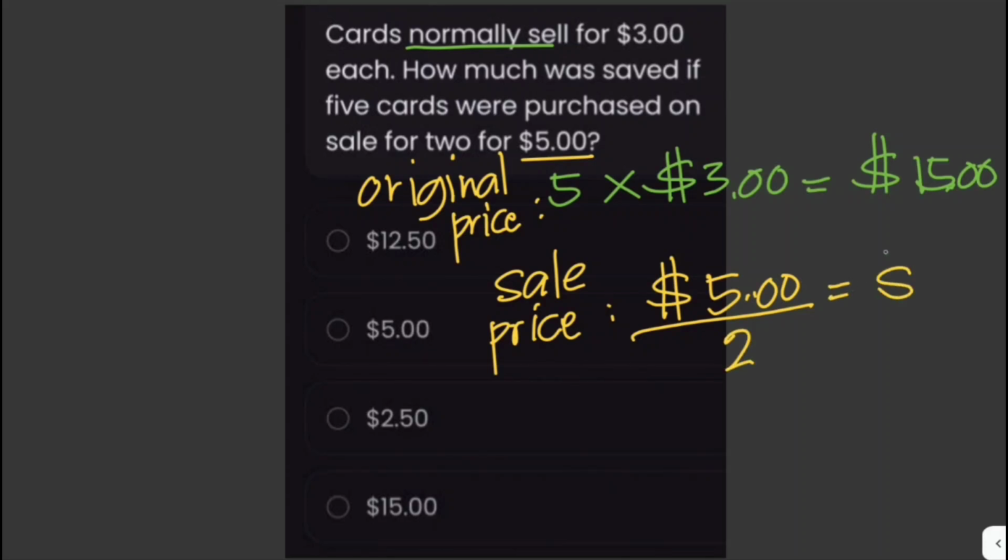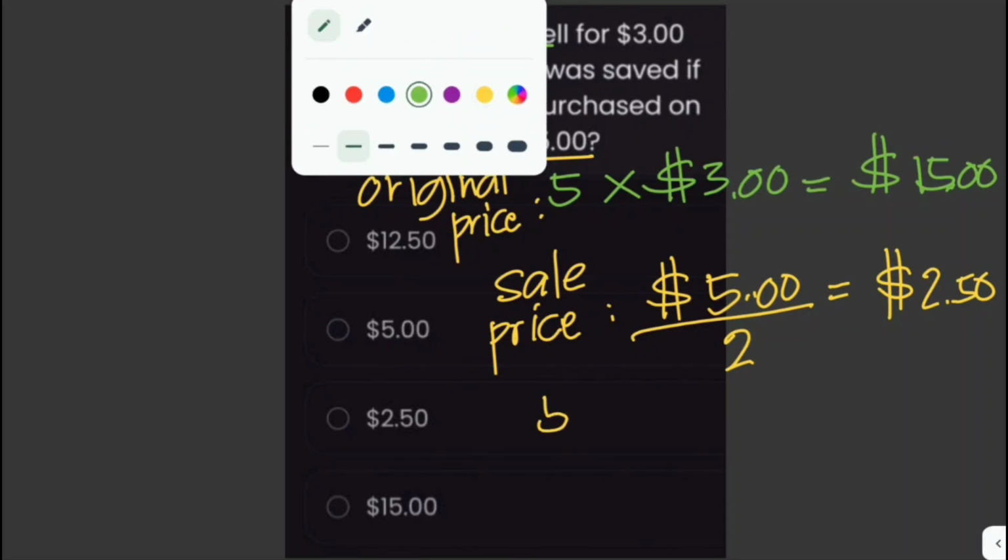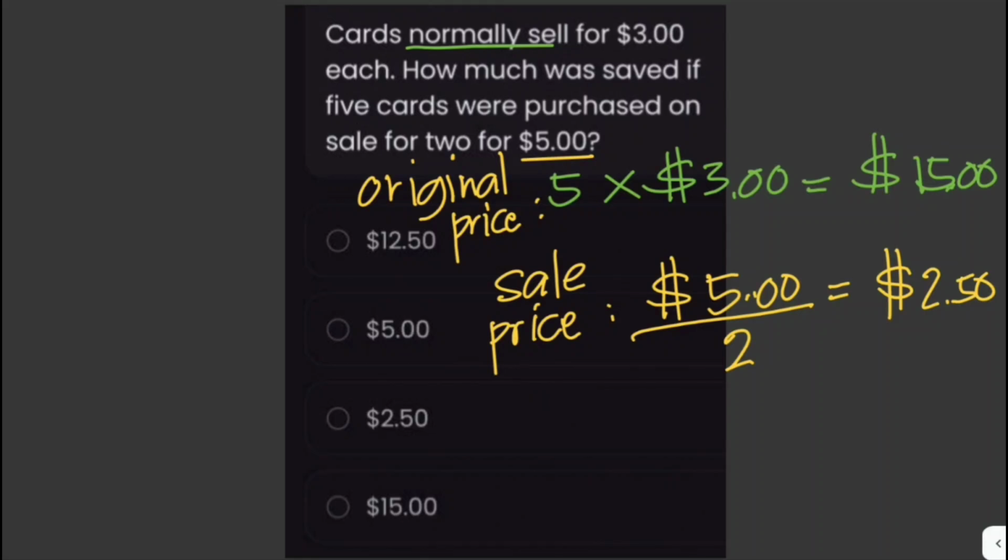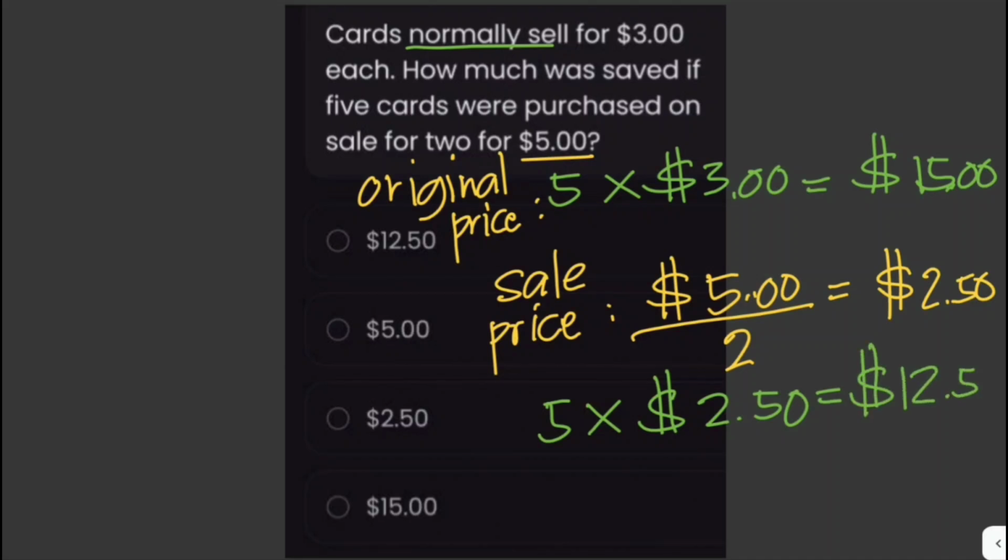That means each card on sale would cost $2.5. So if we purchase 5 cards on sale, 5 times $2.5, we would be paying $12.5.